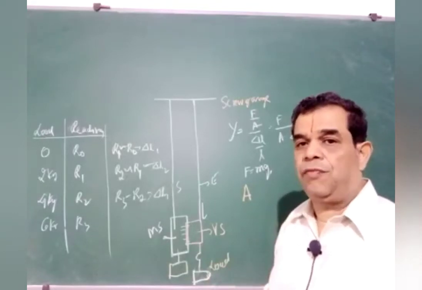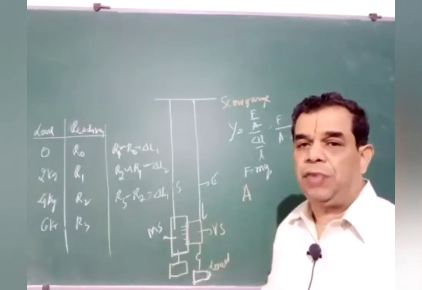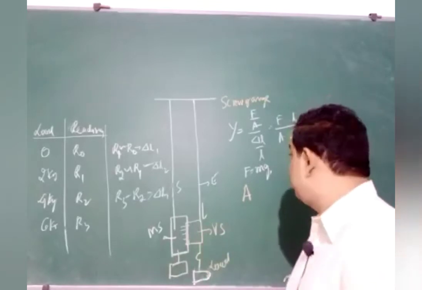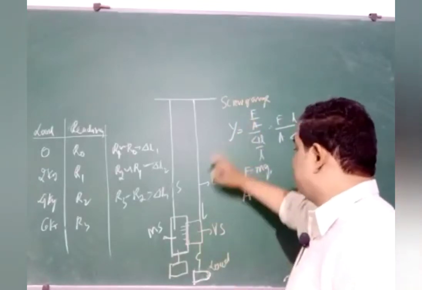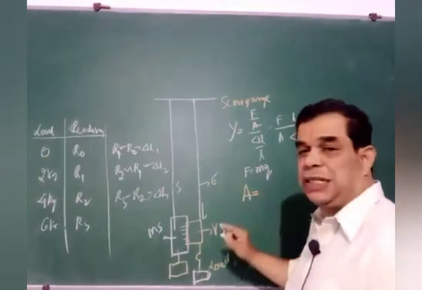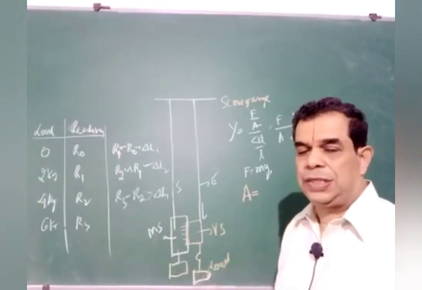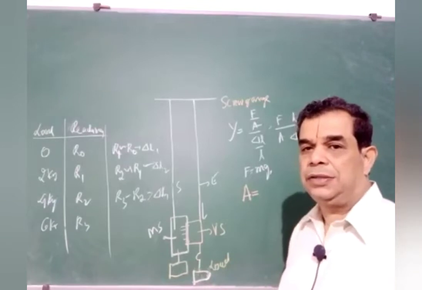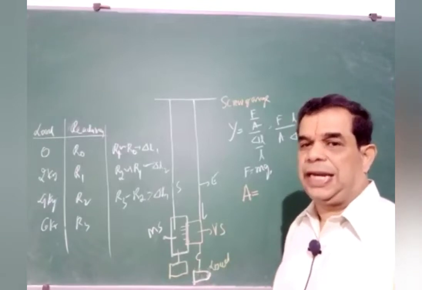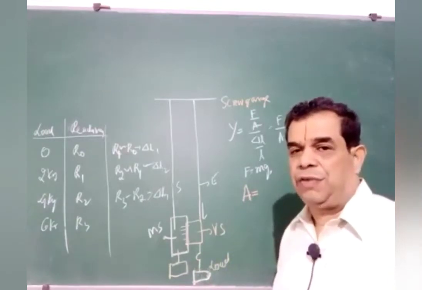A very refined instrument, which you learn about when you enter the lab. By using that, we can measure the radius. If you measure the radius, what is the area of cross section of the wire?